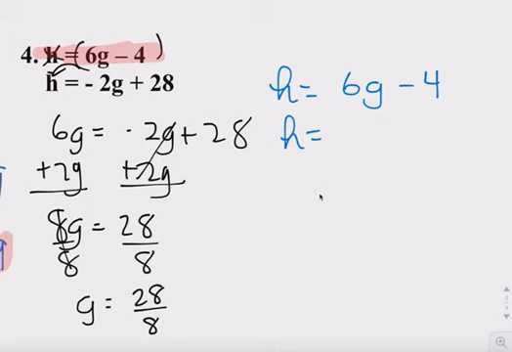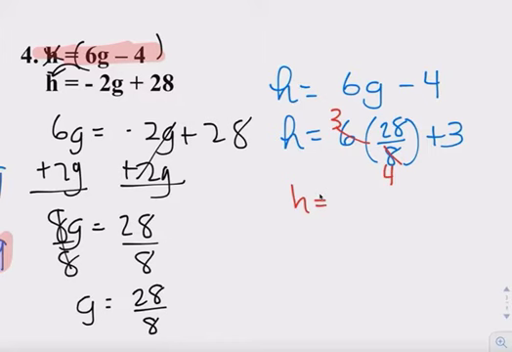H equals 6 times 28 over 8 plus 3. 28 times 3 is 84.